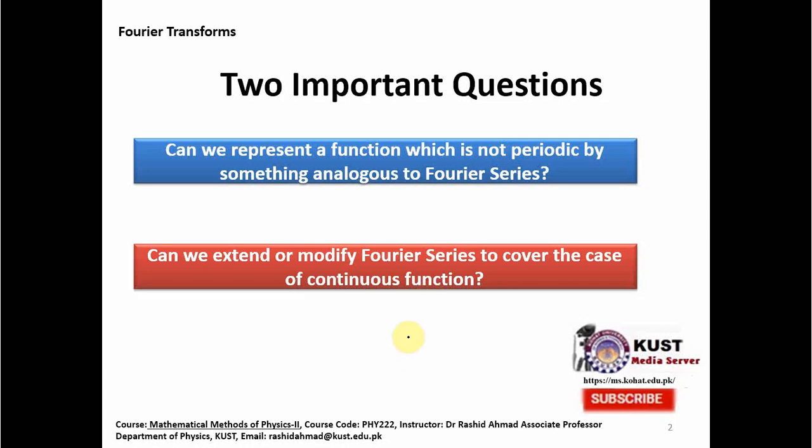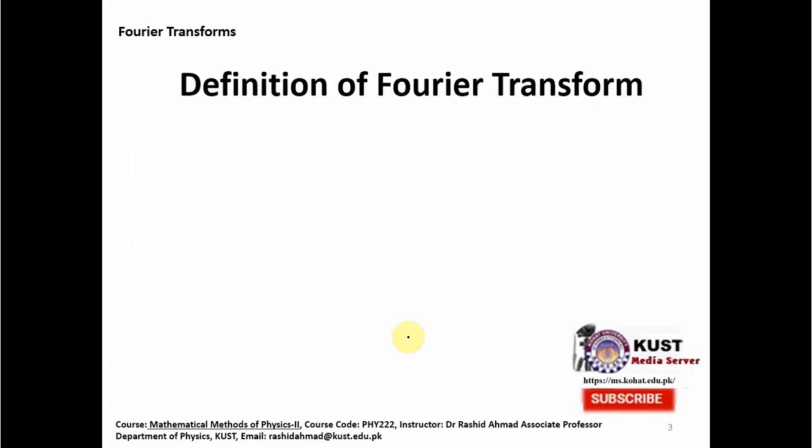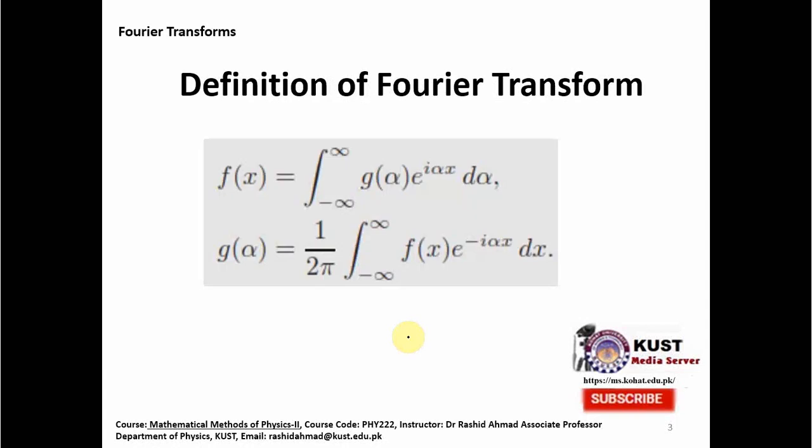So what are Fourier transforms and how do they actually look? Let me give you straight away the definition. As you might have guessed, these Fourier transforms would look like integrals, because we are talking about something continuous.